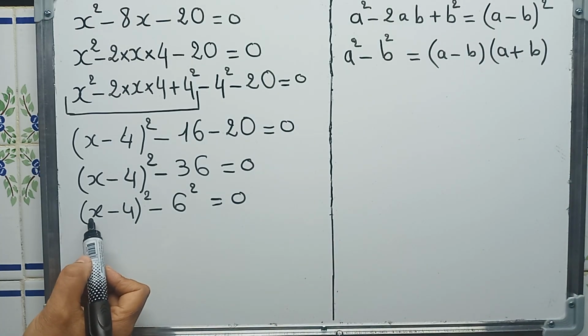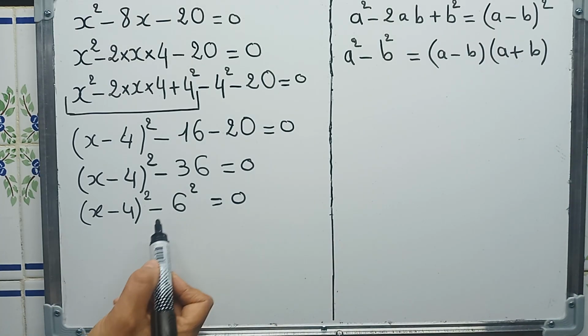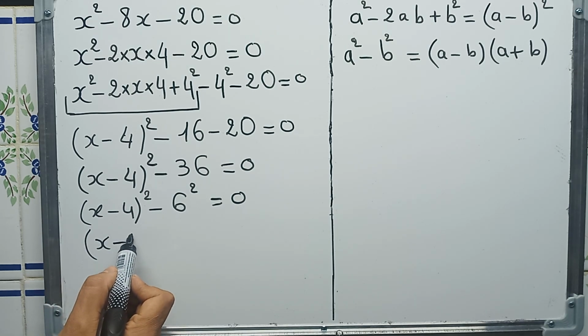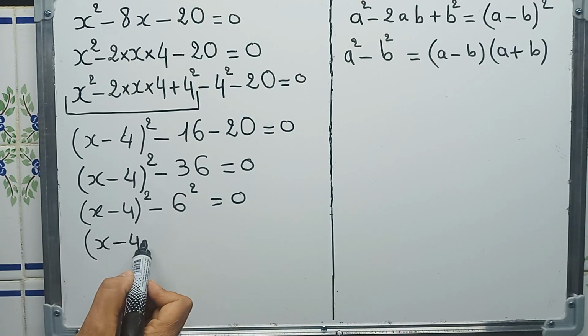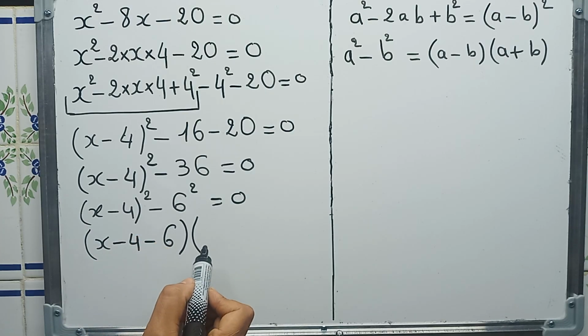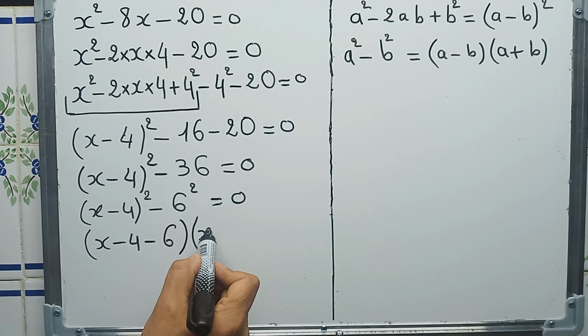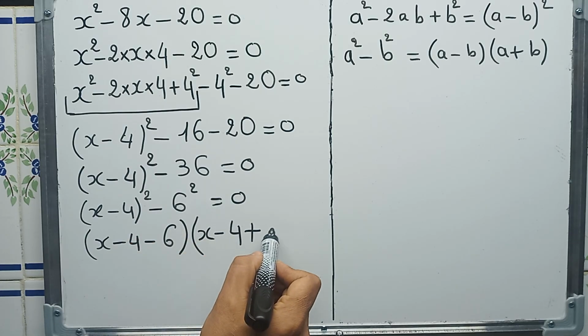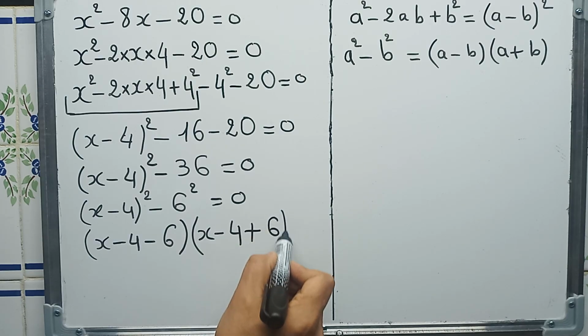Our a is x minus 4, our b is 6. So we have x minus 4, which is our a, minus 6, which is our b, times x minus 4 again, which is our a, plus this time our b, which is 6.